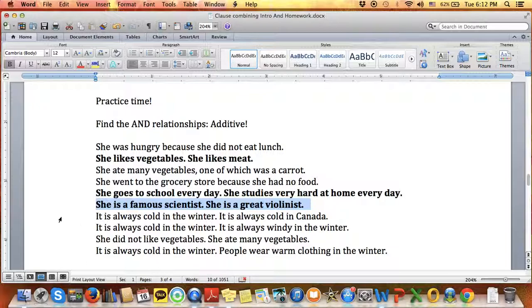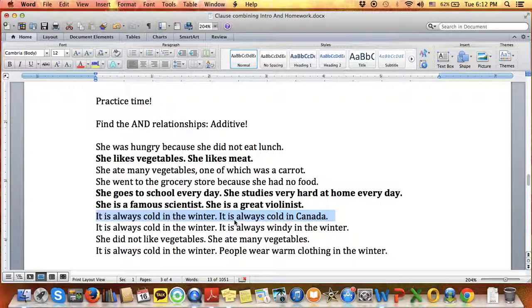All right. Now here's a tricky one. It is always cold in the winter. It is always cold in Canada. Now this is tricky because we have two of the same thing here. It is always cold. It is always cold. Could we say that this is an and relationship?